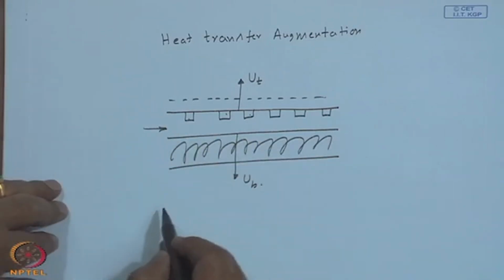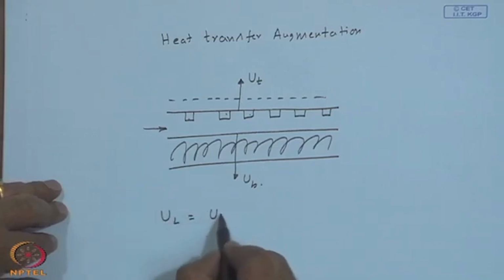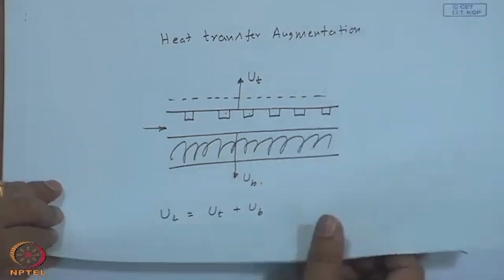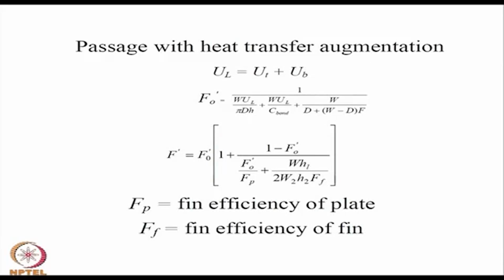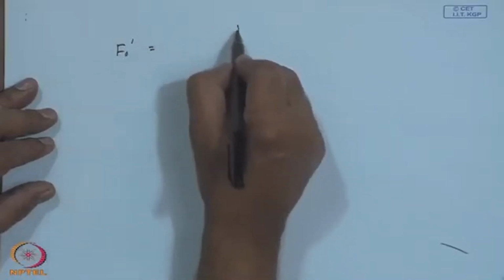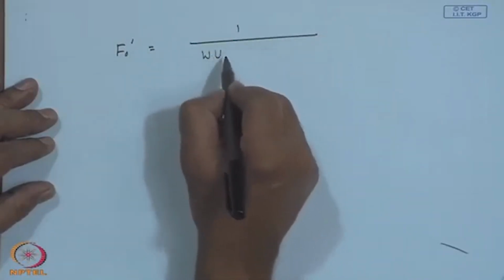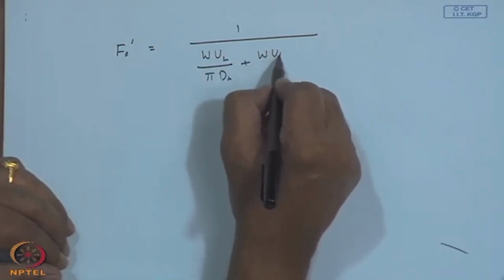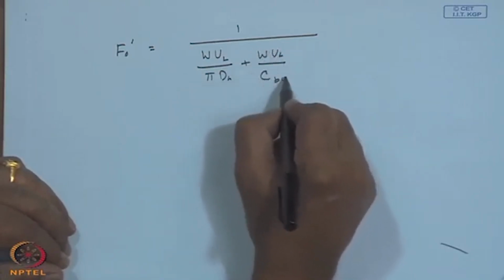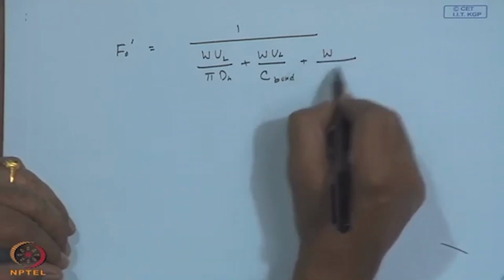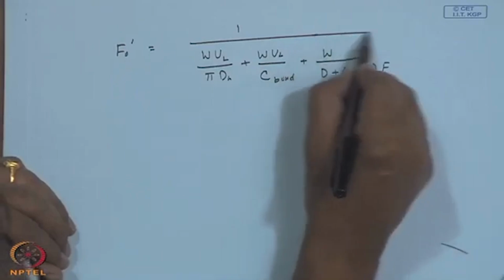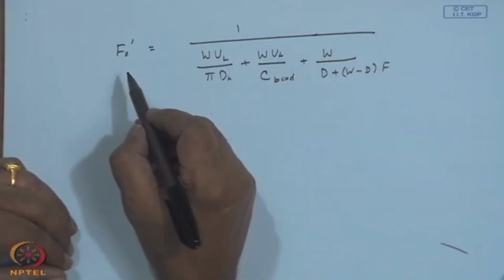So, for this arrangement, again because the fluid does not come directly in contact with the heat losing surface, U L will be equal to U T plus U B, and you have F naught dashed equal to 1 upon W U L by pi d h plus W U L by C bond conductance plus W upon d plus W minus d times F. Now, this you will notice is exactly similar to the fin and tube absorber of arrangement number 1, where the tubes were at the bottom.